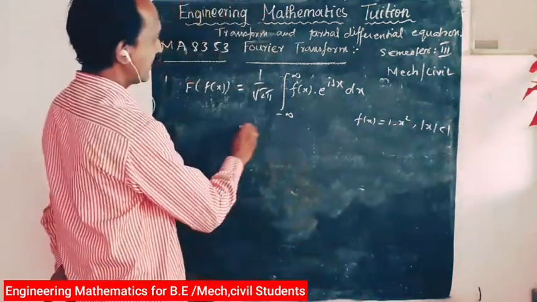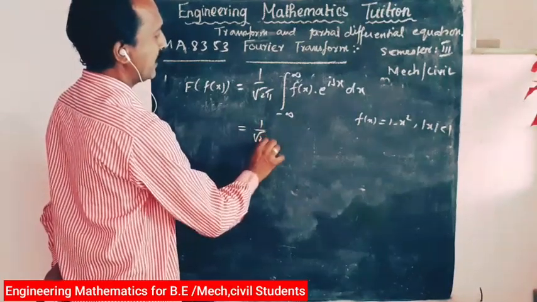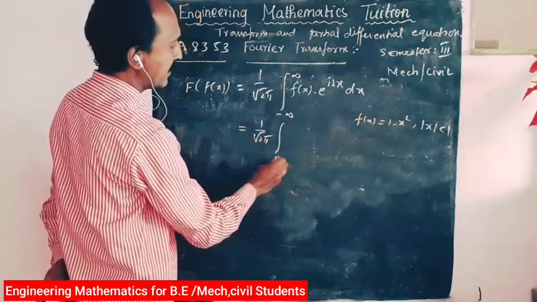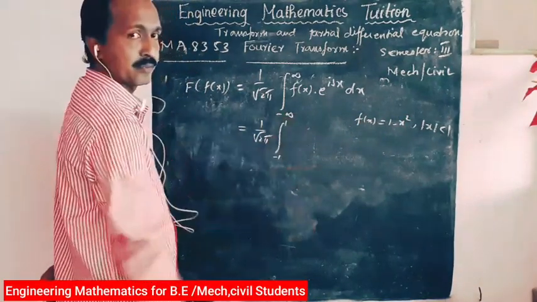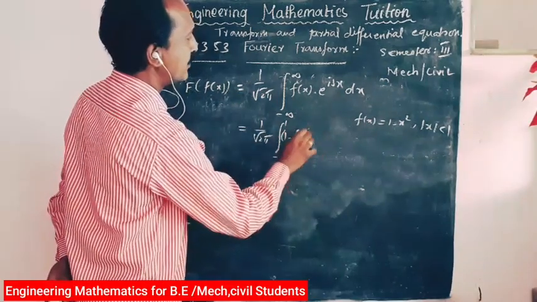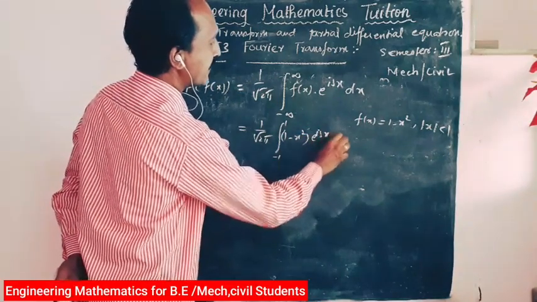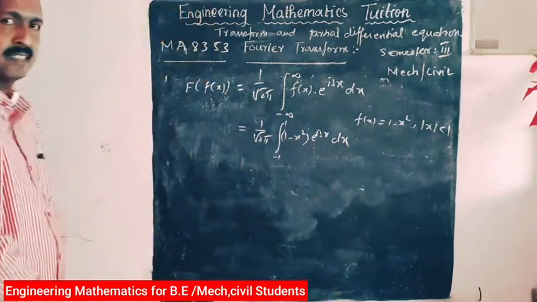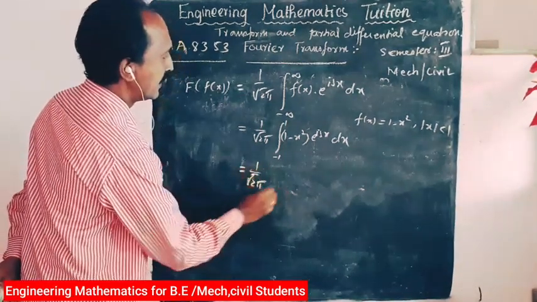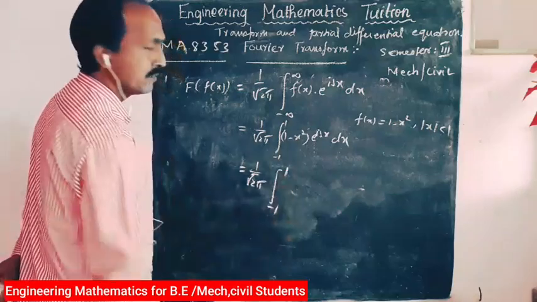So that is equal to 1 by root of 2 pi integral where x varies from minus 1 to plus 1. So we write minus 1 to plus 1, that is 1 minus x squared into e power isx dx.